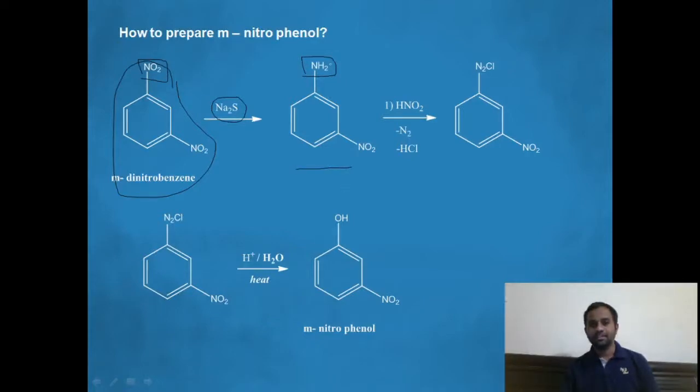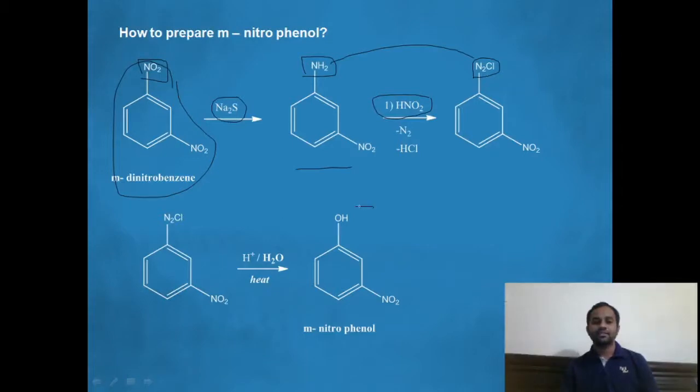metanitroaniline. Now we have to convert this NH2 group into diazonium group by diazotization process, in which we will subject this metanitroaniline to the nitrous acid to give this metanitrobenzene diazonium chloride.